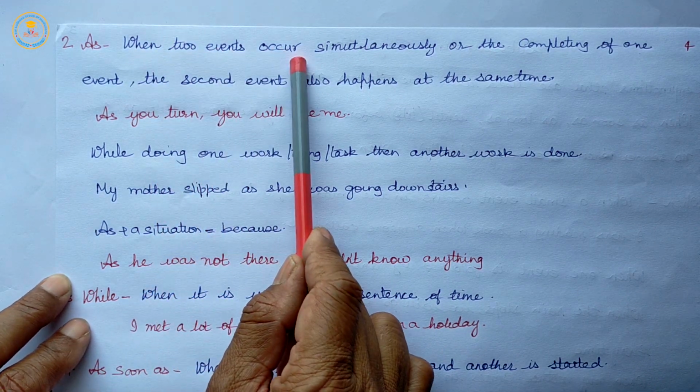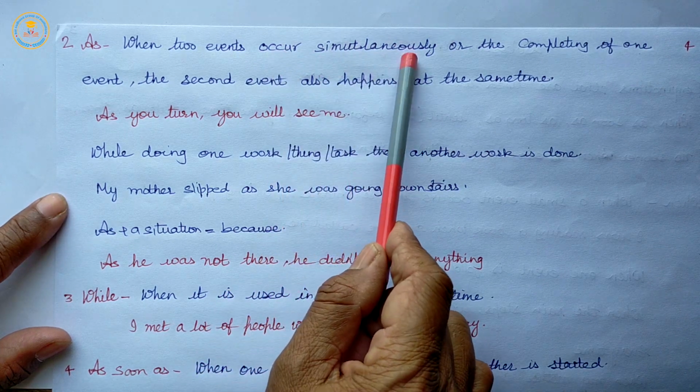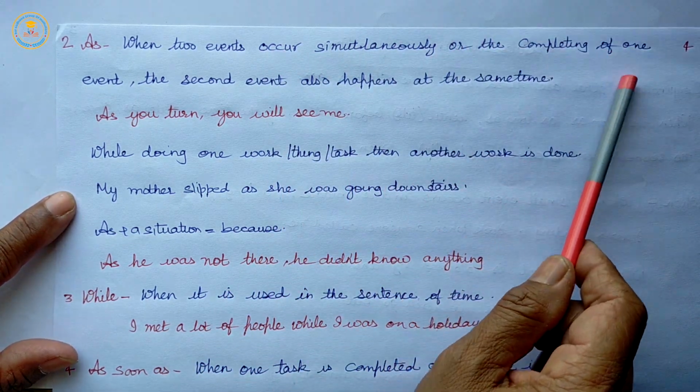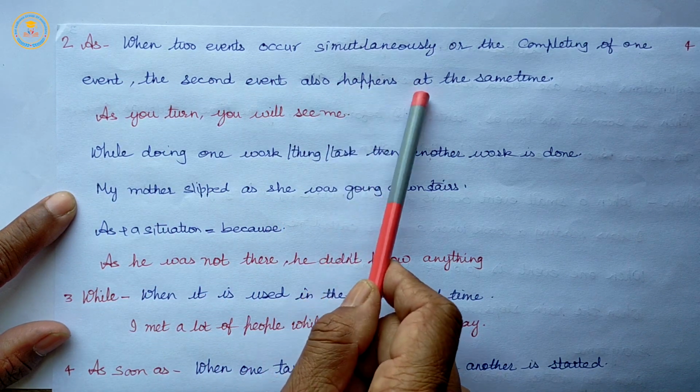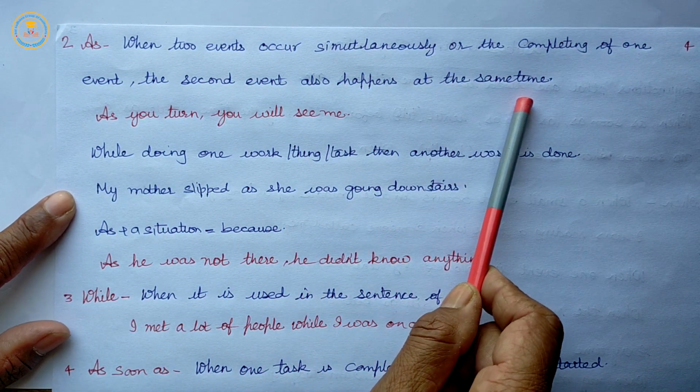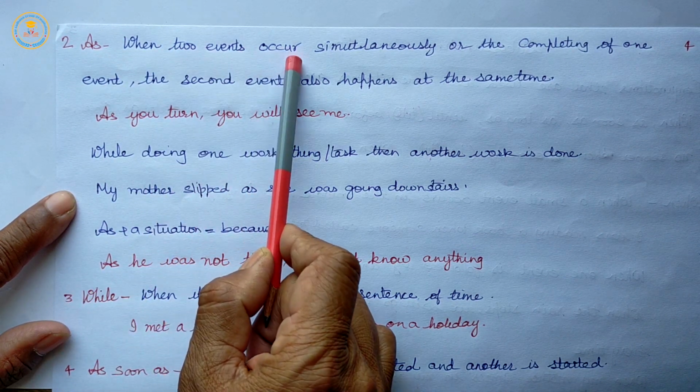When two events occur simultaneously, or with the completing of one event, the second event also happens at the same time. Listen.